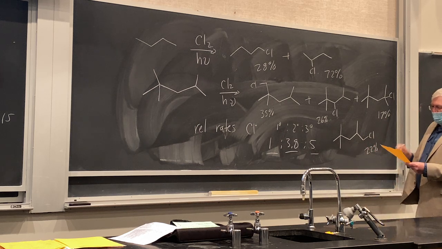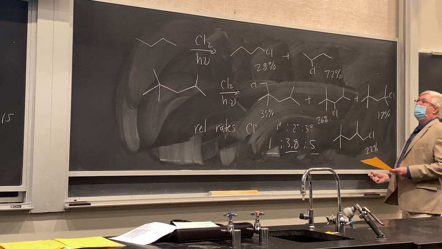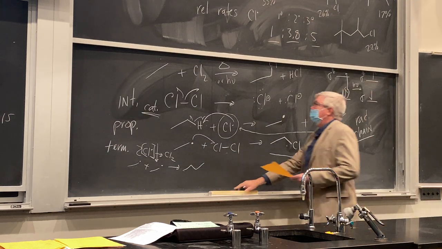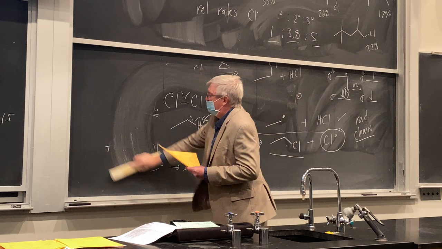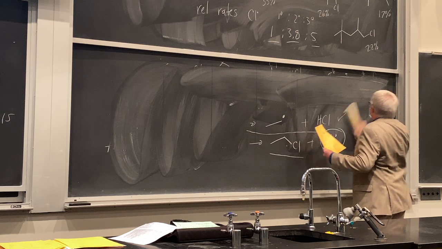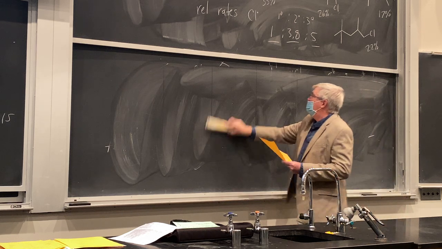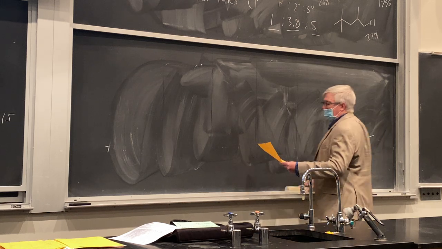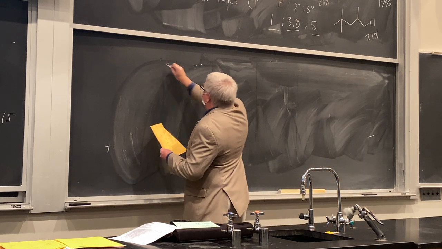Okay, but let's compare this to bromide and see if we've got an advantage here with bromine and see what we've got. Yeah, we got a couple minutes. Okay, so let's compare chlorination to bromination now and see if we've got an advantage here.